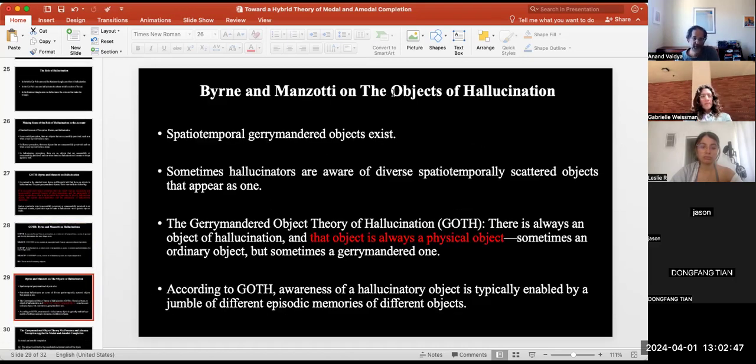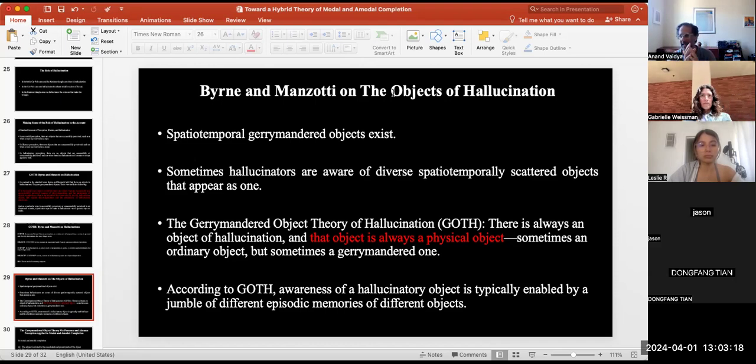So they further say that the hallucinatory objects are spatiotemporal gerrymandered objects that exist. So first of all, just a general claim that we can talk about spatiotemporal gerrymandered objects. This is a little bit of not perceptual theory. This comes from the metaphysics of objects. So, the example that I oftentimes like to talk about is what happens when you have a glass, like a champagne glass, and you drop it and it shatters, right?